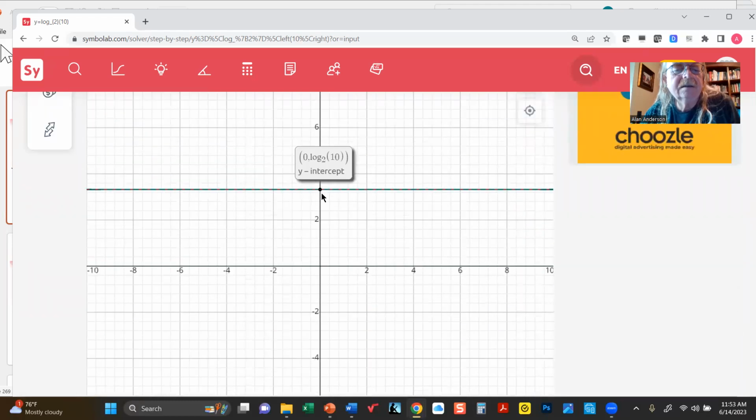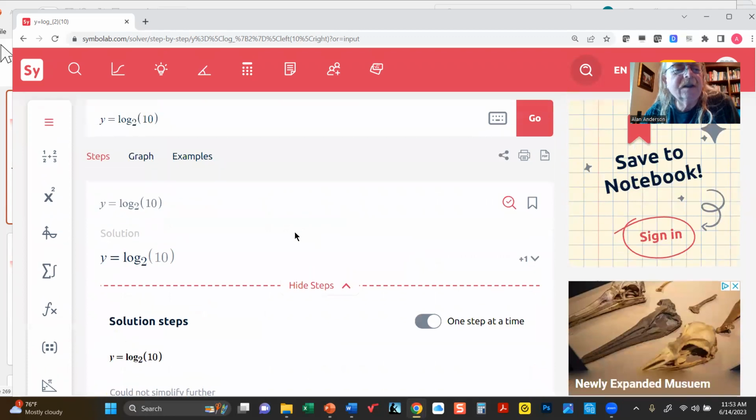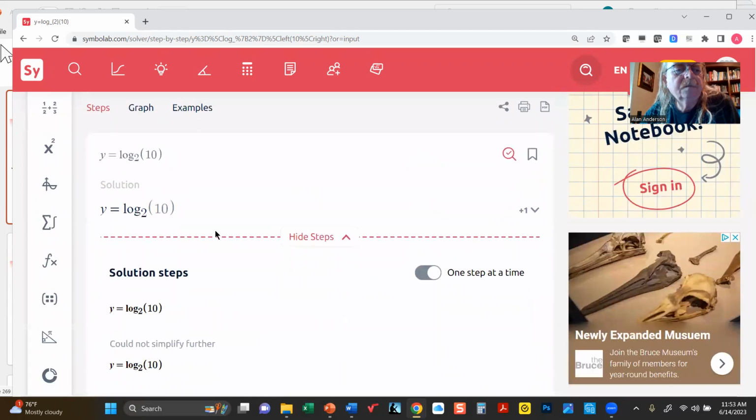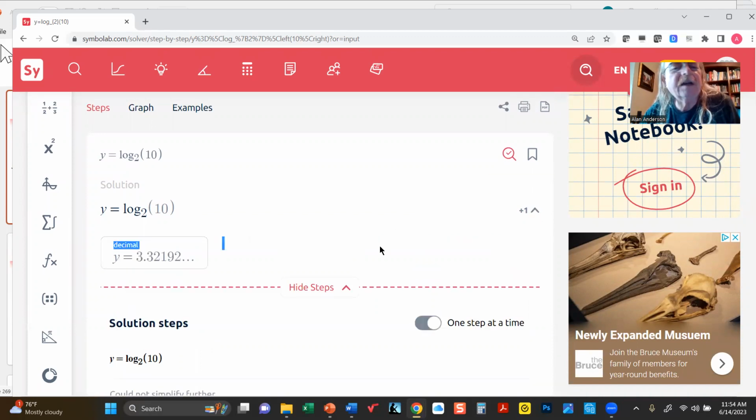Man, well, it's not really getting the point, is it? I don't know how to ask it for the actual numerical value. I really don't. Oh, there it is. It was hiding. Okay. y is 3.32. Right, exactly. I'm telling you, this thing is, let's just say, not terribly user-friendly. I'm sure it's powerful as could be, but man, what a learning curve.